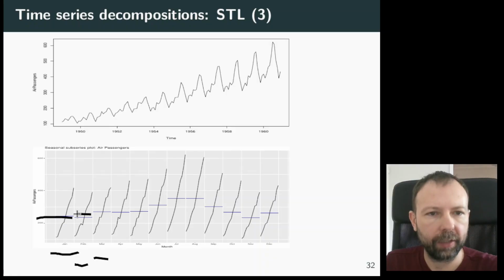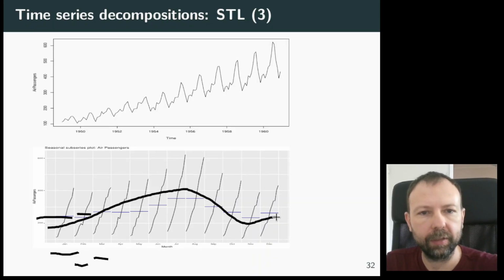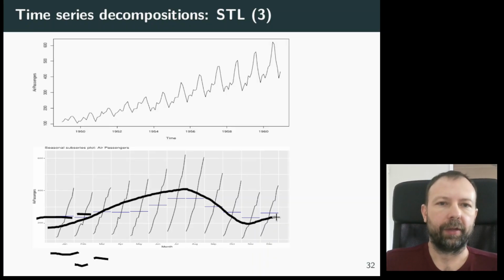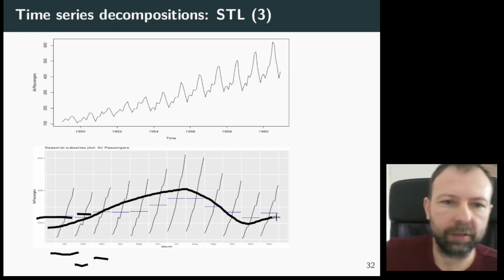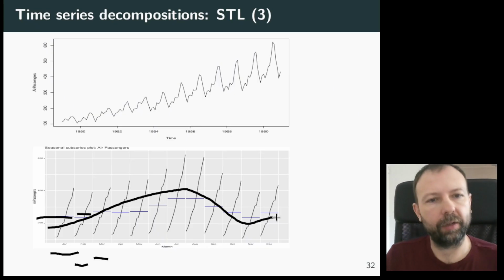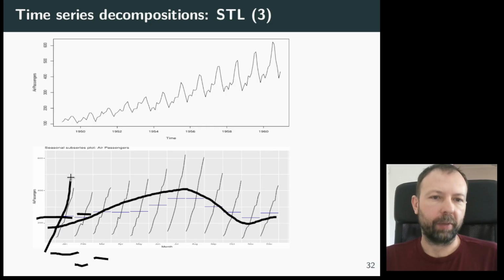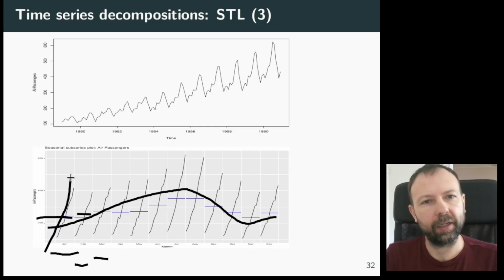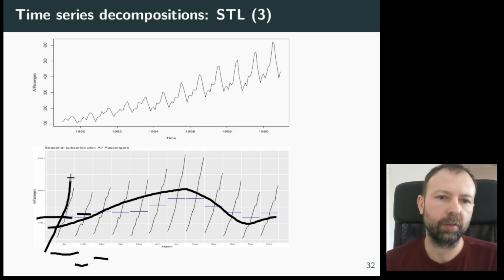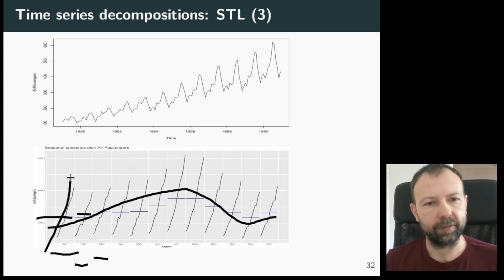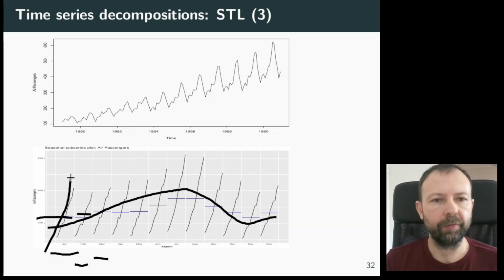These are these blue lines, and with that you can see kind of an average seasonal pattern, and you also see this trend behavior that over the Januaries it goes up. But you see now this trend behavior has no seasonality anymore. So you have basically also kind of separated out trend and seasonality visually.